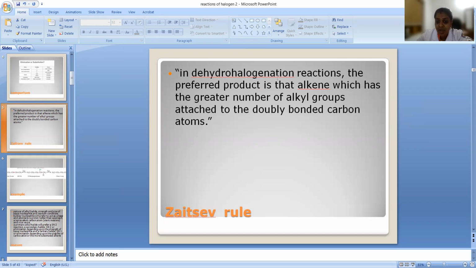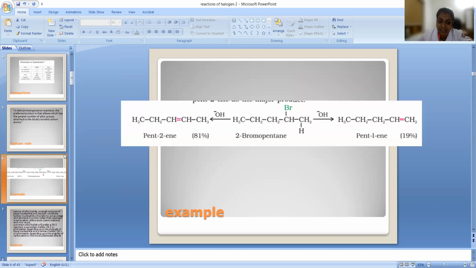In the dehydrohalogenation reaction, what will happen? The preferred product is the more substituted alkene. So this is an alkene. Look at how many alkyl groups are substituted on this double bond.